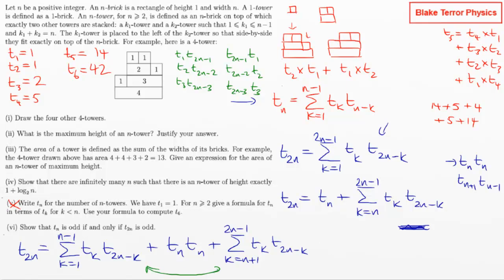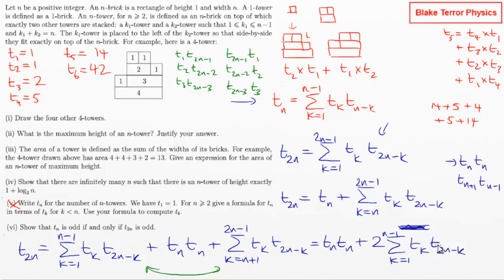So this then, let's go back to blue, is going to be tn squared plus 2 lots of the sum from k equals 1 to n minus 1 of tk t to the 2n minus k.